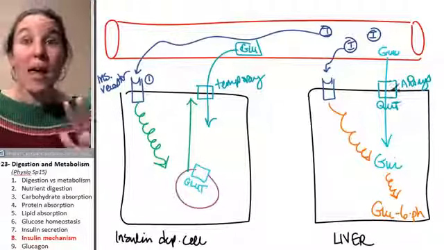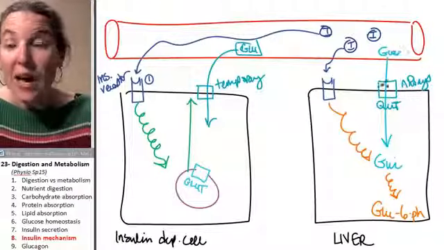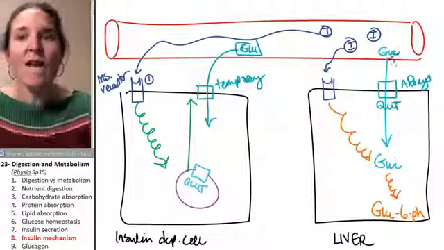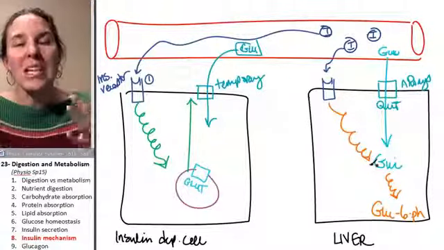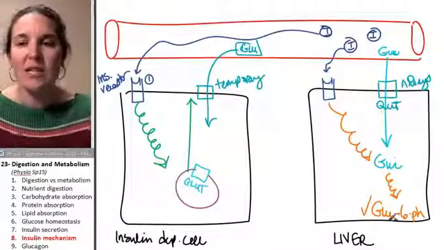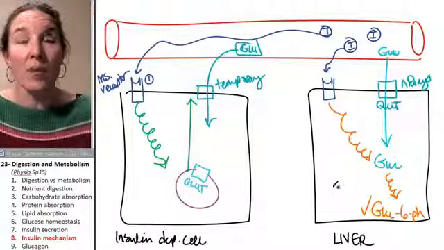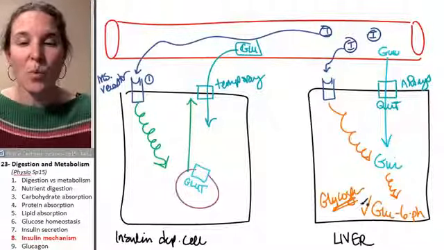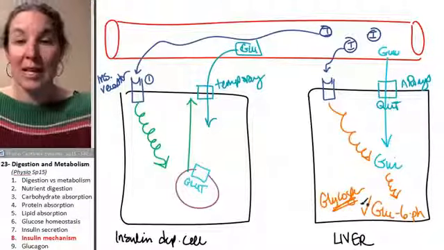No matter what is going on in the blood, you're going to have GLUT transporters in the liver cells that are available to absorb glucose no matter what, and we can continue to absorb it because we turn it into glucose 6-phosphate and we store it in the form of glycogen. And glycogen is where we can gather up as much glucose as we can and keep it for as long as possible.